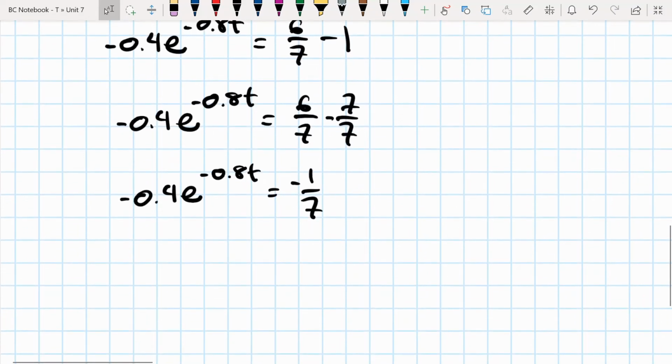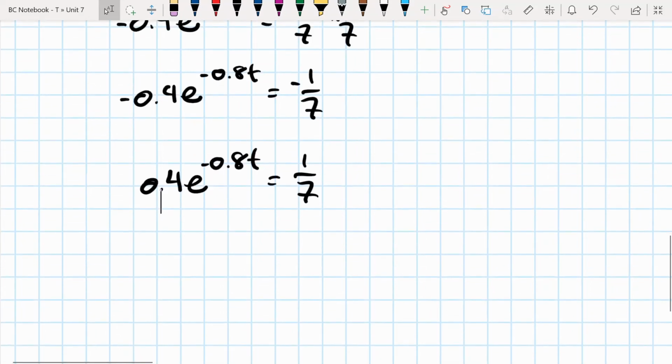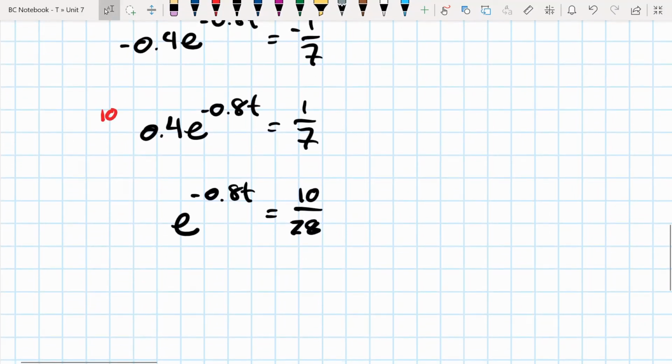Well, the negatives can go away. Now let's multiply by the reciprocal of 0.4, which is going to be 10 over 4. So e to the negative 0.8 t is equal to 10 over 28, with 10 over 4 on both sides.